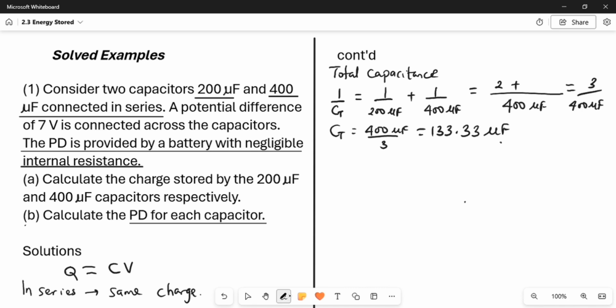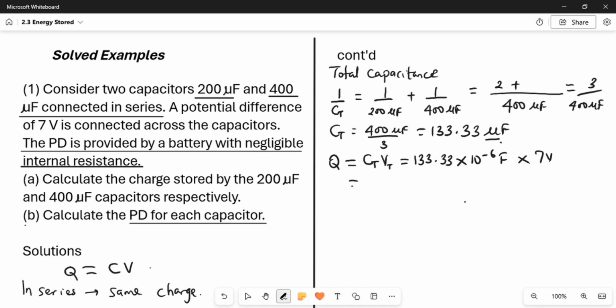So from this equation, we'll now say Q is equal to the total capacitance times the voltage, which will now be equal to 133.33 microfarads, so say multiply by 10 to the power minus 6 farad times 7 volts.